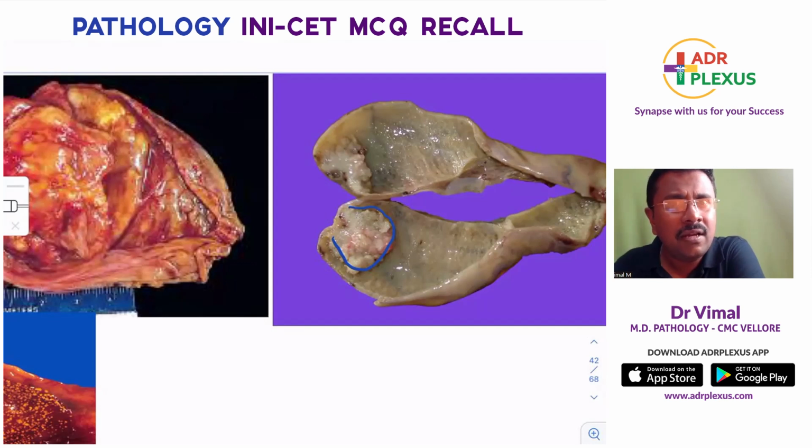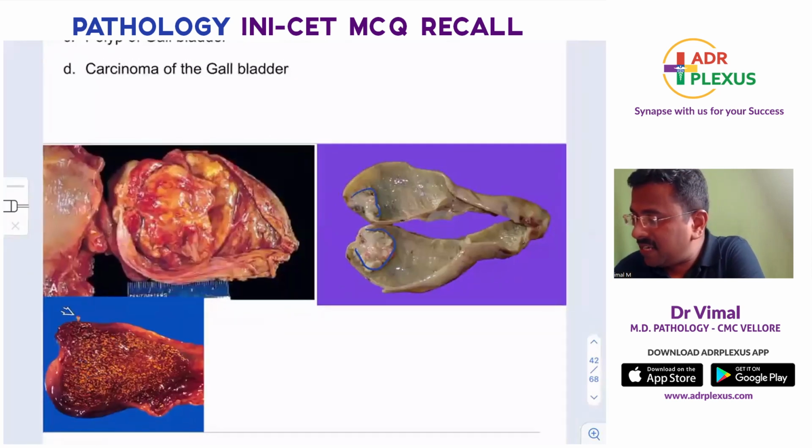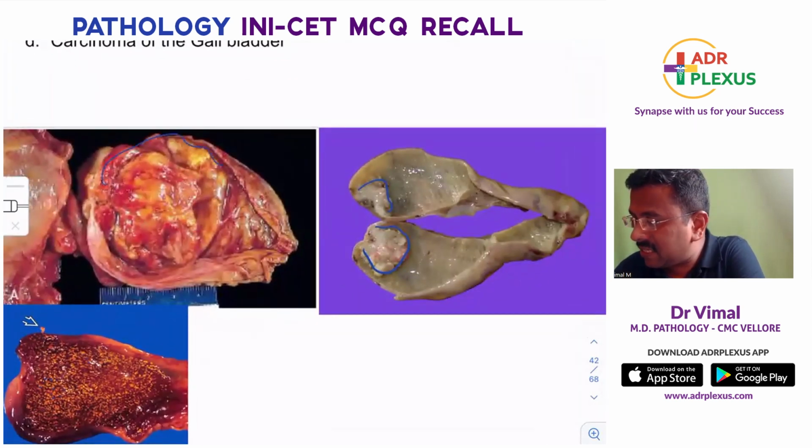But as a rule, if you see one polypoidal projection, first think of polyp. If it is an infiltrating mass occupying the entire gallbladder, like the typical picture in Robbins, think carcinoma. In the polyp, usually only one area has a projection, but here the tumor occupies the entire lumen, a diffuse infiltrative nature, so you make a diagnosis of carcinoma of the gallbladder.